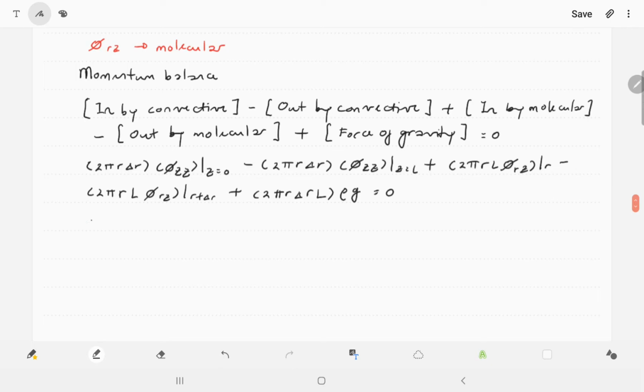Then we can sort of rearrange a little bit on these terms.